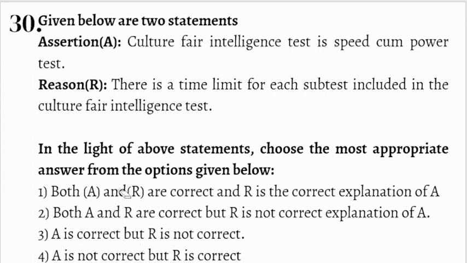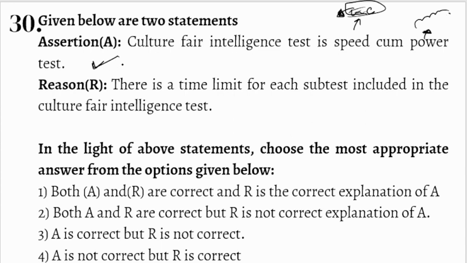So the assertion says that culture fair intelligence test is a speed cum power test. Yes, CFIT is a speed cum power test. Speed is basically that there would be a time limit. You have to complete it in a time limit, or the quicker you complete, the higher the score according to the norms that you will get. Power test has to do with difficulty level. The difficulty level keeps on increasing with each question.